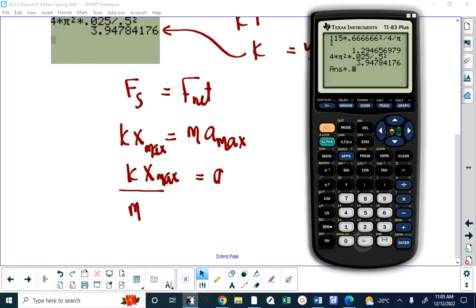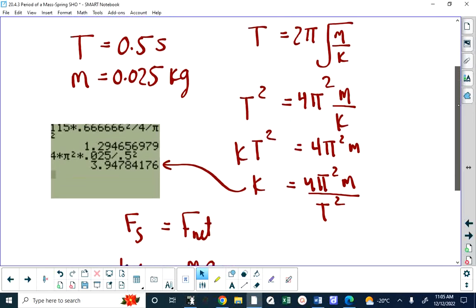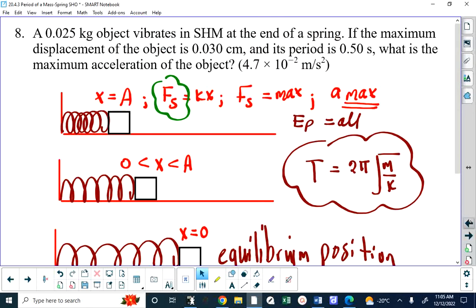There's my k times the mass. Was the maximum displacement 0.03 centimeters? So that's 0.0003 meters. I have to divide the centimeters by 100, and then I divide by the mass. So about 4.7 times 10 to the negative 2 meters per second squared is what I got.